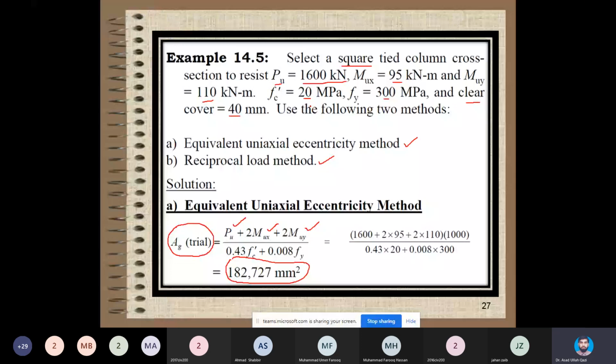One thing is important, that when you put Mux and Muy in this equation, if the Mux and Muy are in kilonewton meter and load is in kilonewton, you need to convert them into Newton. So load in Newton and moments in Newton meter.